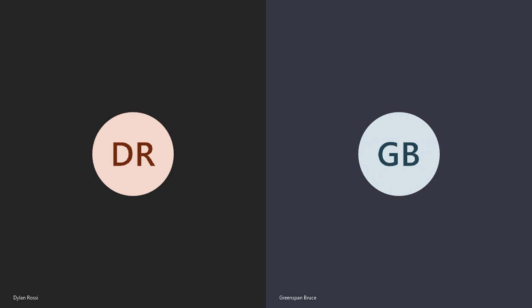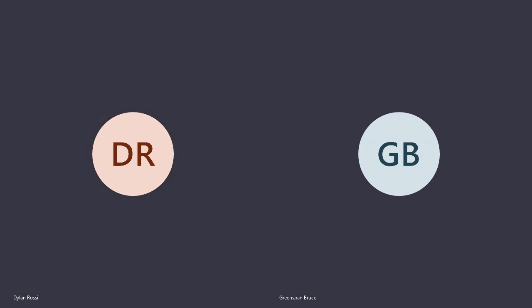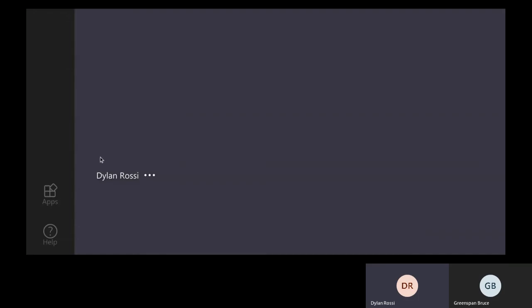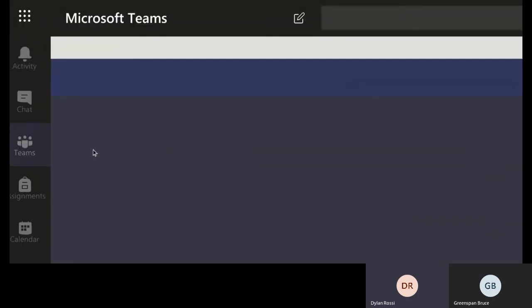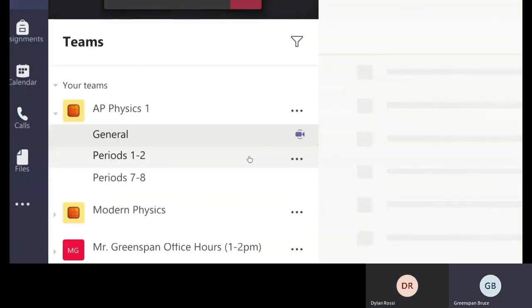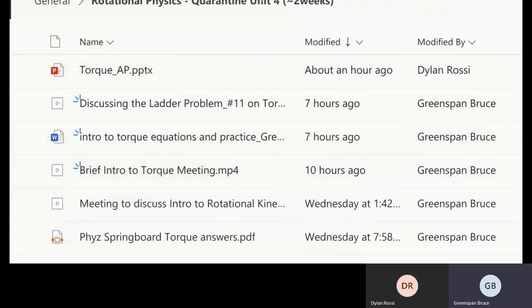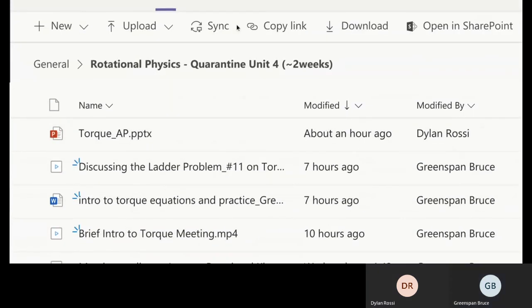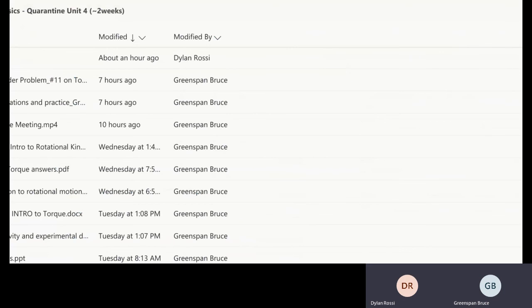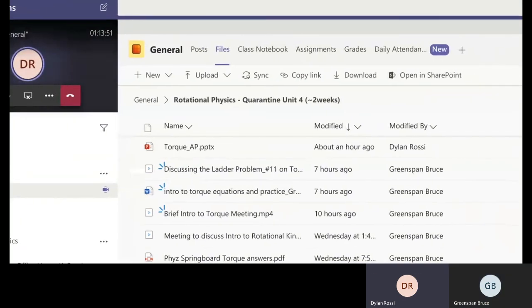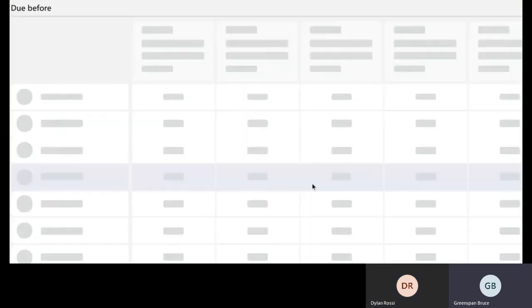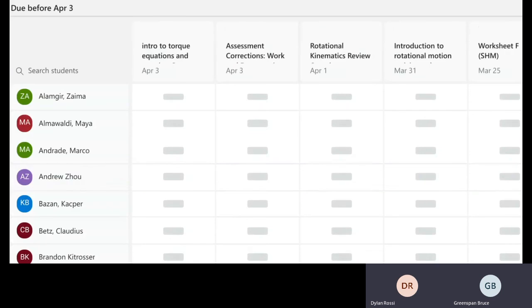Let's see. I'll show you what I see. This is really zoomed in, like I'm blind. Oh, I accidentally modified that. That's my bad. So I look at grades. It's not actually showing grades.